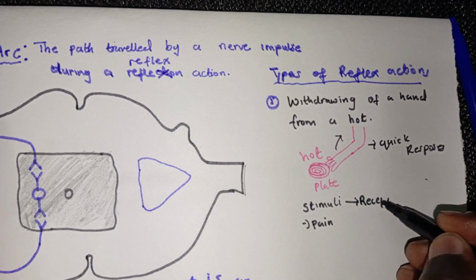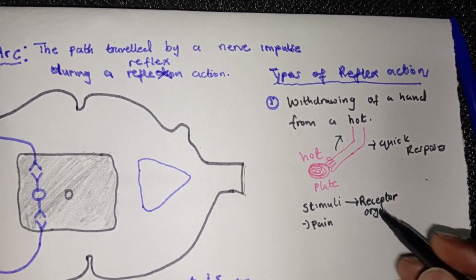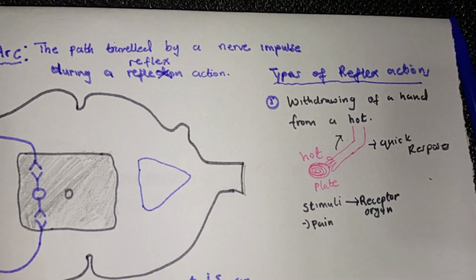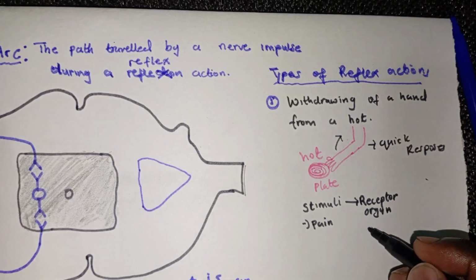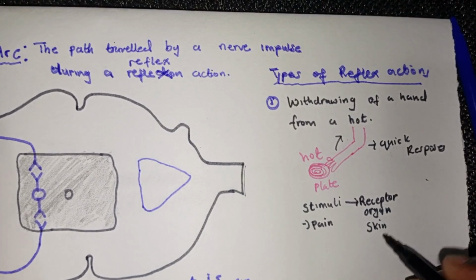The receptor organ in contact with the hot plate is your hand, but we'll say the skin.